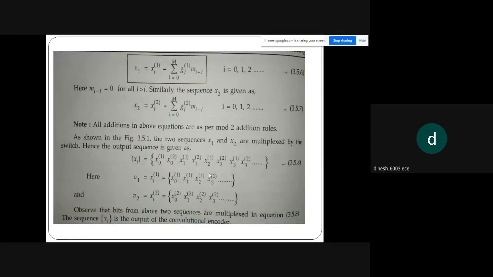Okay, so when you find the x1 or x2, x1 is summation l is equal to 0 to m, where l is greater than i, g l of 1 into m of i minus l. x2 is summation l is equal to 0 to m, g l of 2 m i minus l. So these two equations keep in mind.